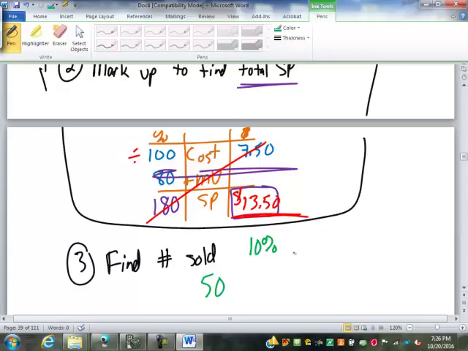Which means what percent actually do sell? 90% sell. So we're going to take our 50 items times 0.9, or you could find 90% of 50, however you're going to do it. I'm doing it the shortest way possible right now. So 50 times 0.9 is 45 will sell.